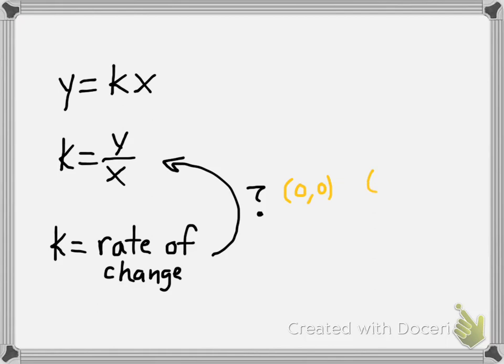So let's look at an example. Let's say that it also goes through the point (3, 4). Then we would be looking at rate of change as rise over run, which if we use our slope formula, y2 minus y1 over x2 minus x1, is 4 minus 0 over 3 minus 0.